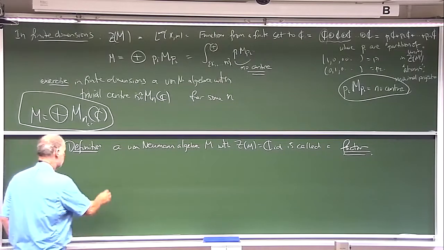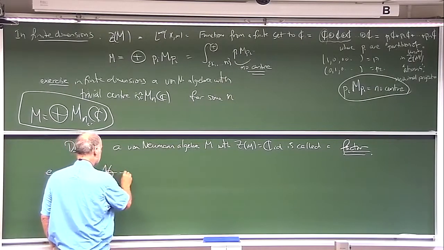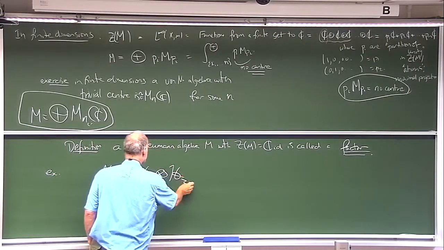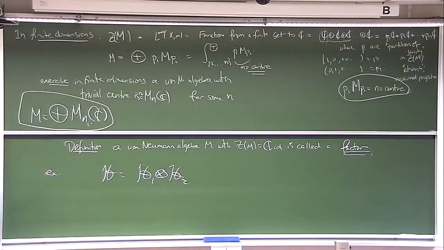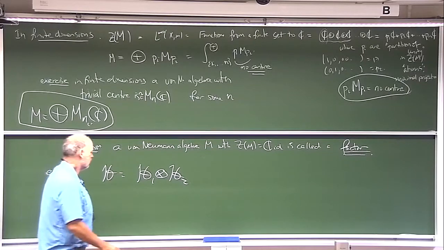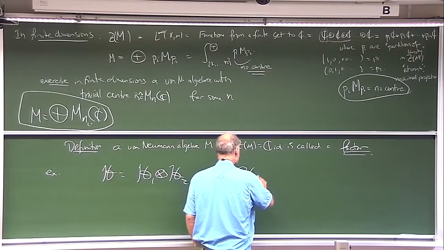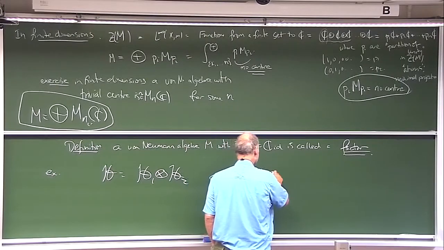But what we can do is we can take a Hilbert space, and we can suppose the Hilbert space itself is a tensor product of two Hilbert spaces. Very sort of quantum physics relevant thing to do. And what we can do is let B of H act on this by B of H tensor identity.